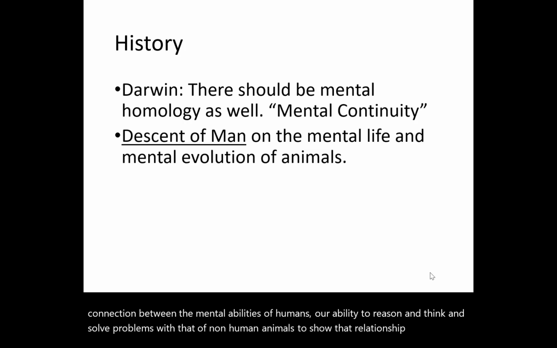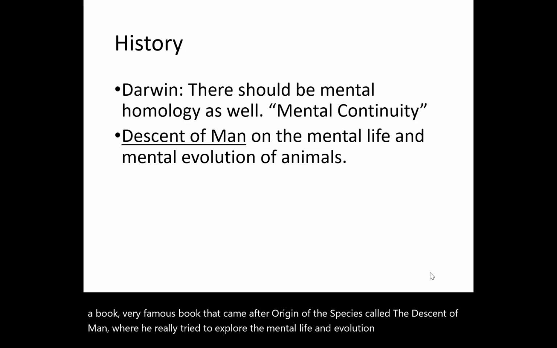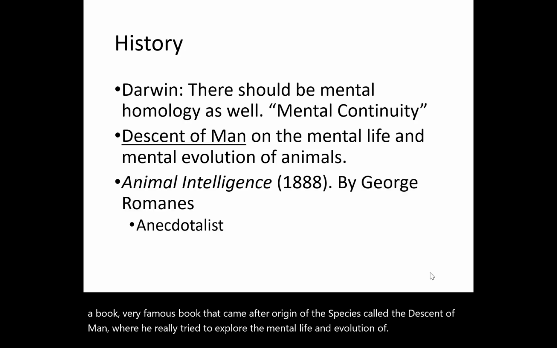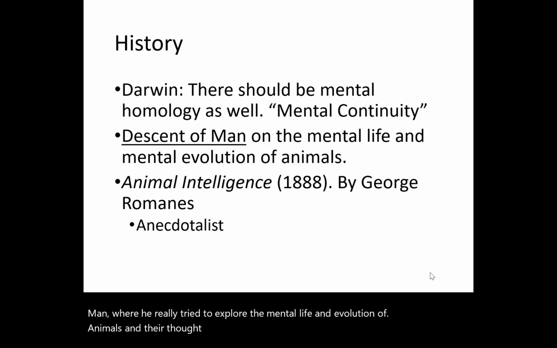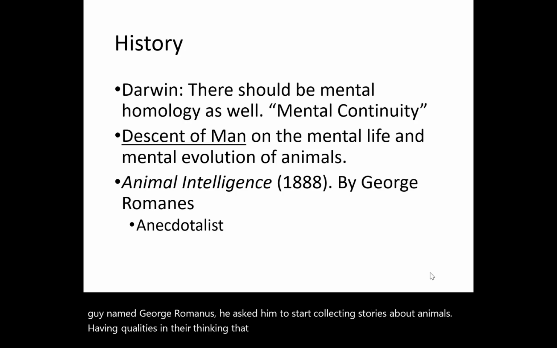And he wrote a very famous book that came after Origin of the Species, called The Descent of Man, where he really tried to explore the mental life and evolution of animals and their thought processes. And one of his young associates, a friend of his, a guy named George Romanes, he asked to start collecting stories about animals having qualities in their thinking that was similar to humans.